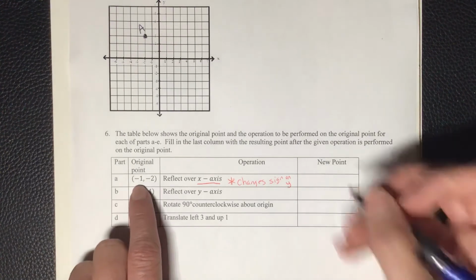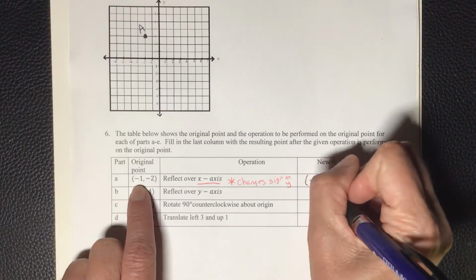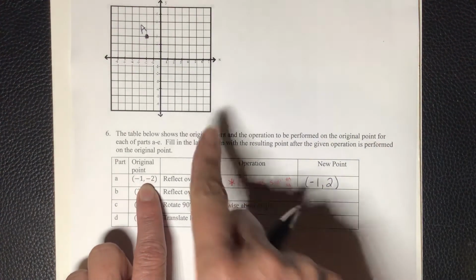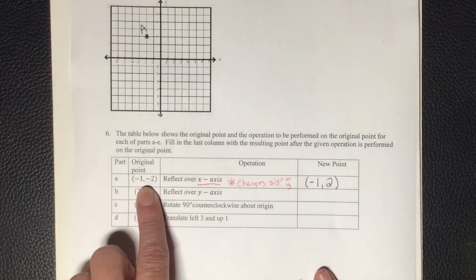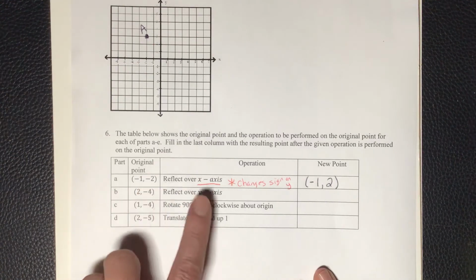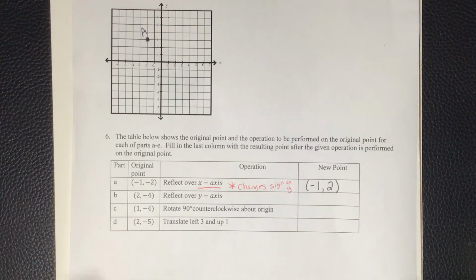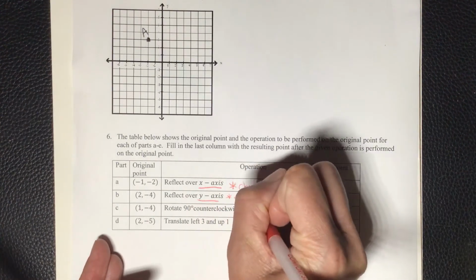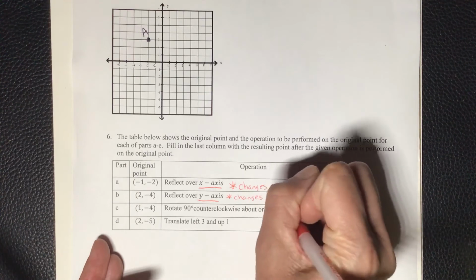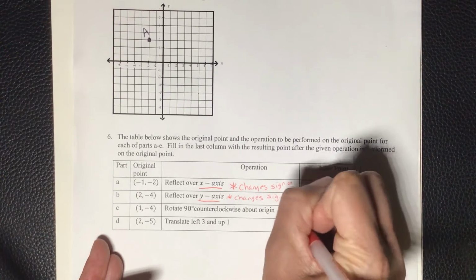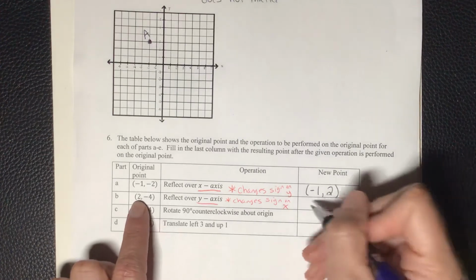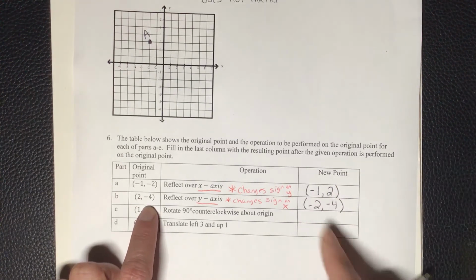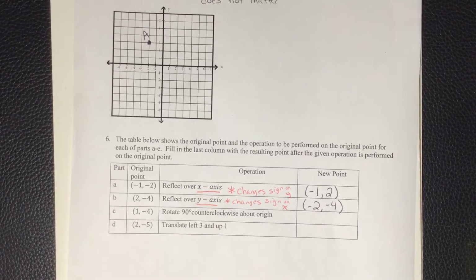So that means that with this point, the x stays the same, the y changes its sign. We could graph that and reflect it if you want to, or you can just remember that. When you're reflecting over the y-axis, that changes the sign on x. Okay, so x would become -2, but y would remain the same. And again, you can plot these and check them if you need to.